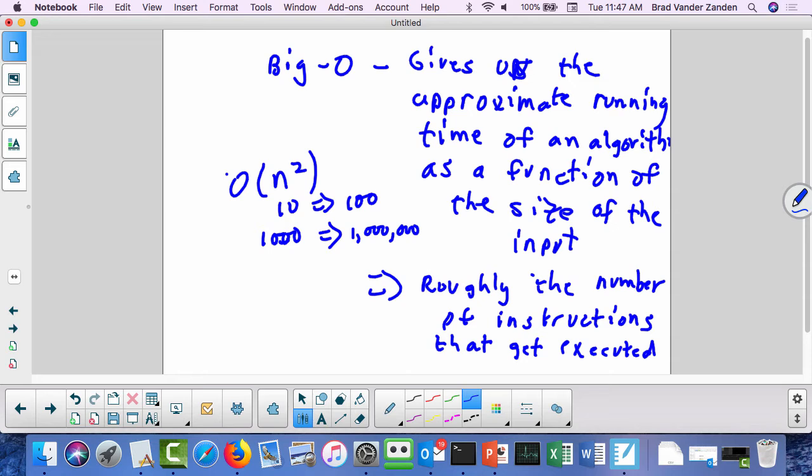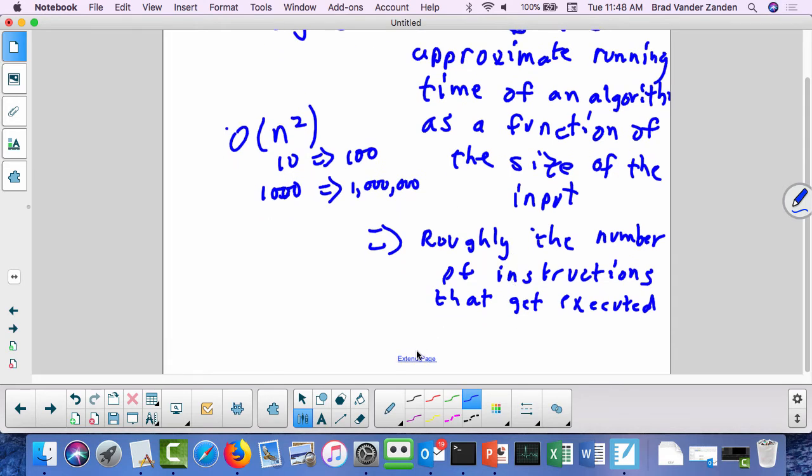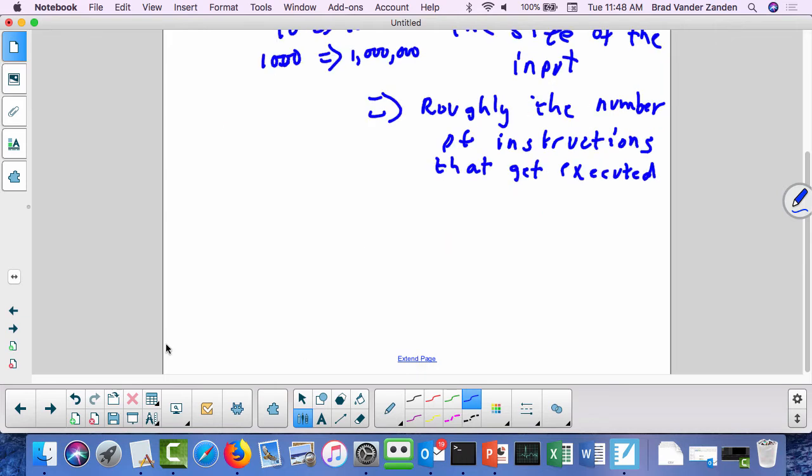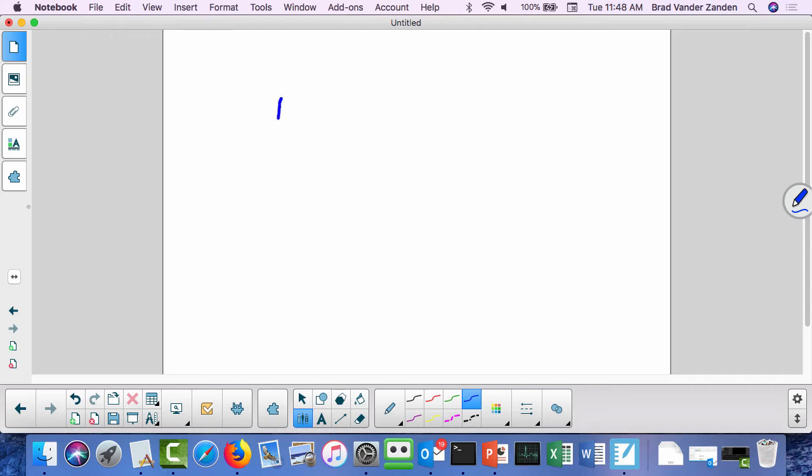Okay, if we have something like, let's say the running time, which I denote as t of n for the time, this is meant to be the time. Let's say that it's n squared plus 500n plus a million. Okay, well that million looks pretty big, and so does the 500.